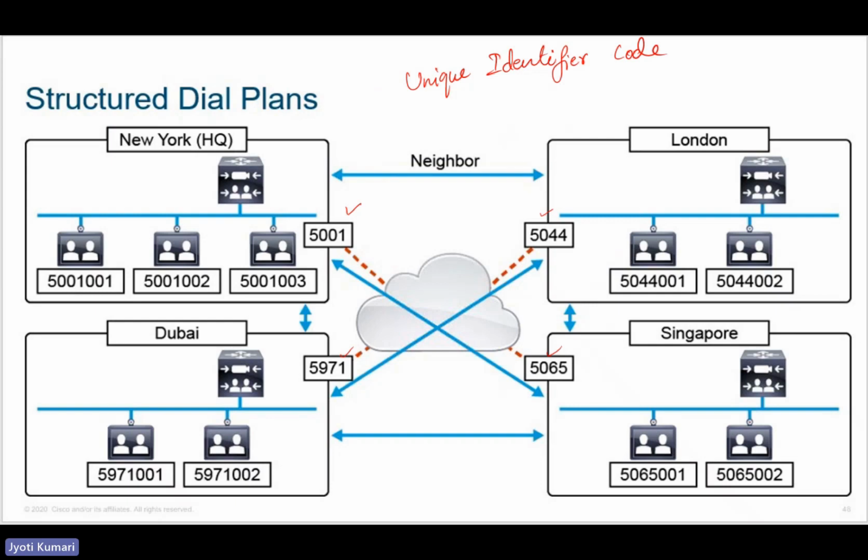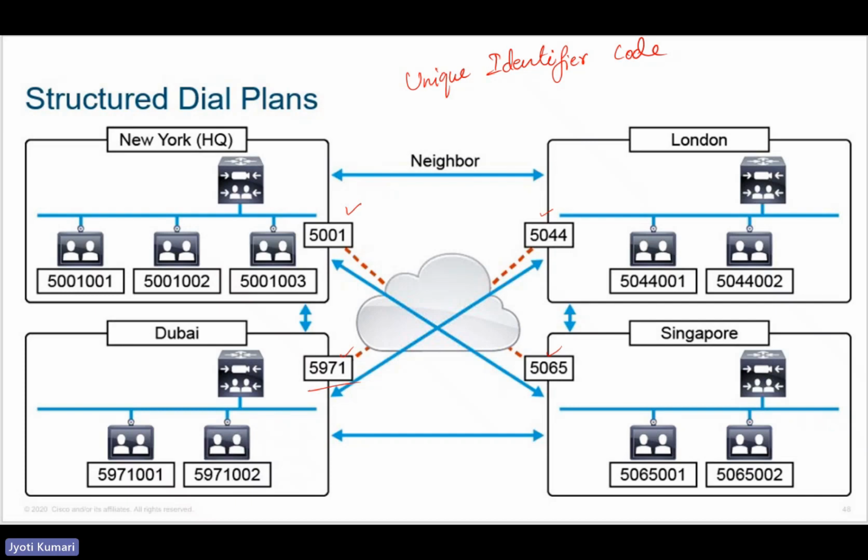Because of this unique prefix, all the devices that are registered, for example, in Dubai, will register with a prefix of 5971. This configuration will allow all the Expressway C servers to route the search request to a specific Expressway C server based on the prefix, rather than sending it out as a search request to all other locations.